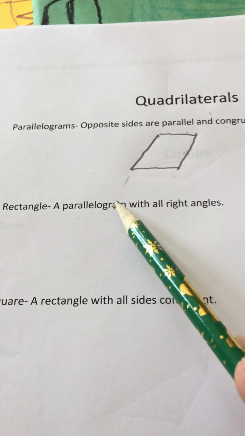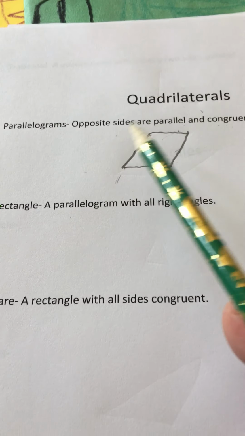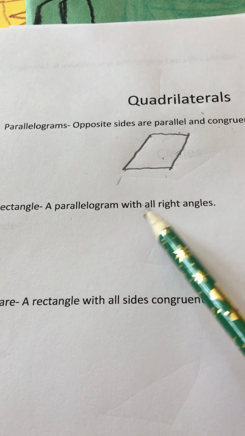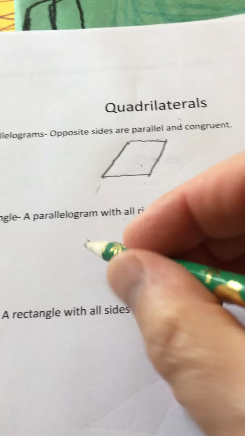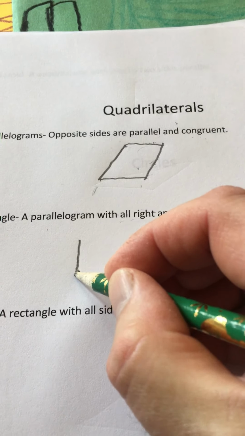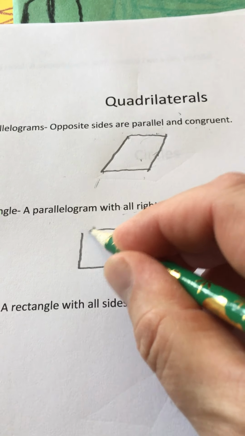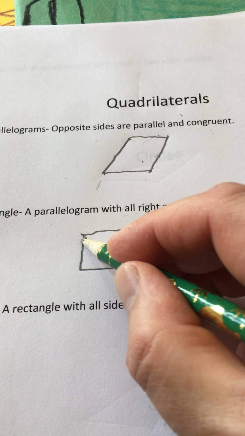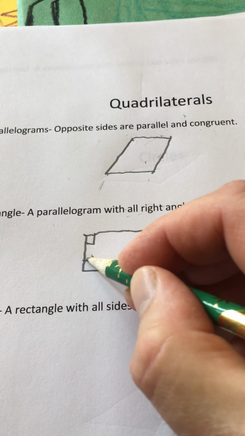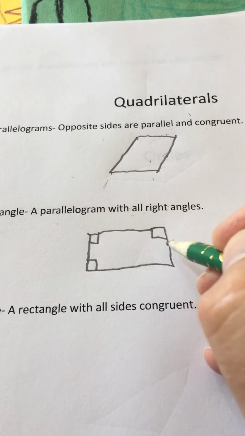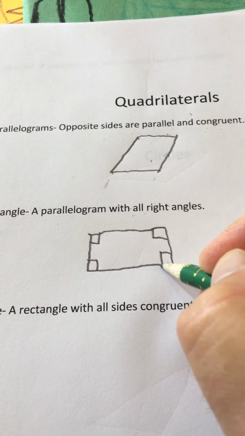Now, a rectangle would be a parallelogram. That means the opposite sides are parallel and congruent, but all right angles. Okay? So a rectangle is a quadrilateral, and it's also a parallelogram.